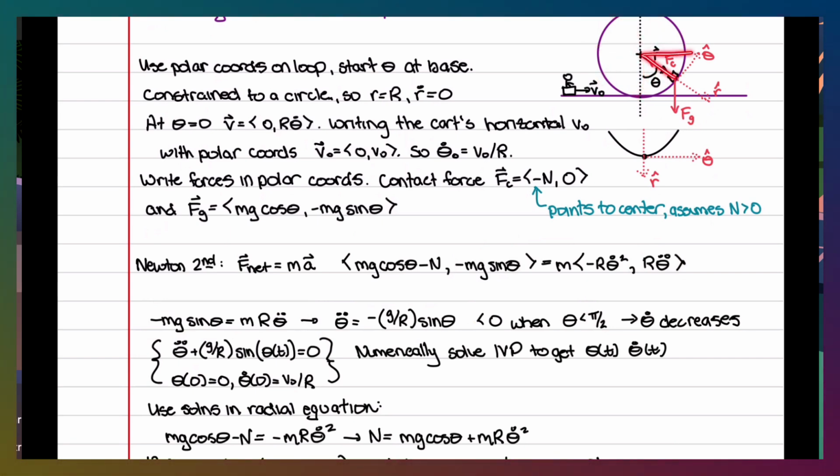So you're slowing down in rotation up to here. Then once you get to here and go on, you'll notice that theta double dot is positive. So then theta dot gets larger and larger, and that means you're rotating faster and faster.